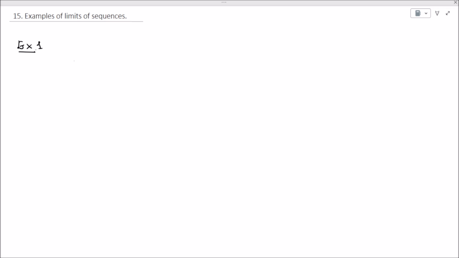Let's evaluate the limit of the sequence n squared plus 3n plus 5 divided by 4n squared minus 7n plus 8, as n goes to infinity. Well, we can immediately say that the limit of this sequence is equal to 1 divided by 4.